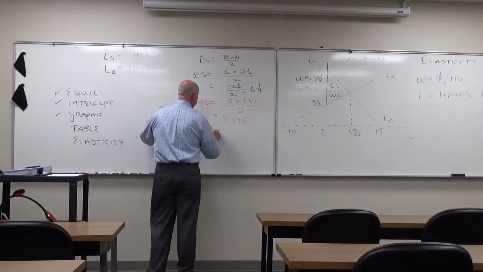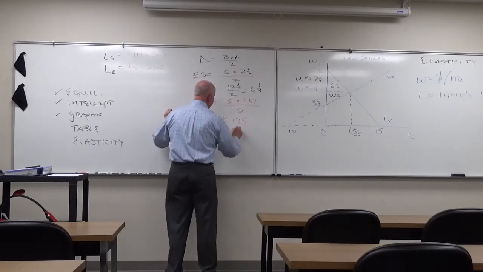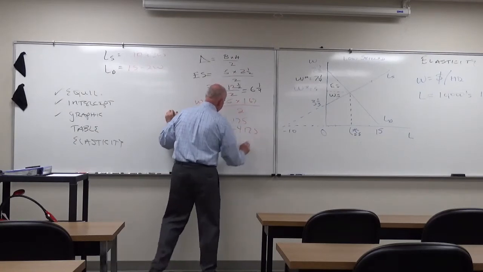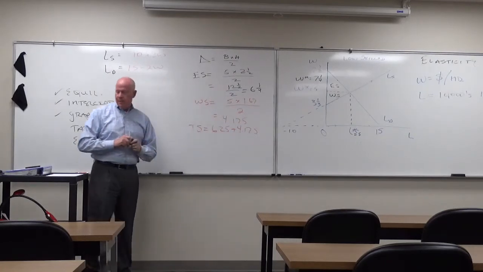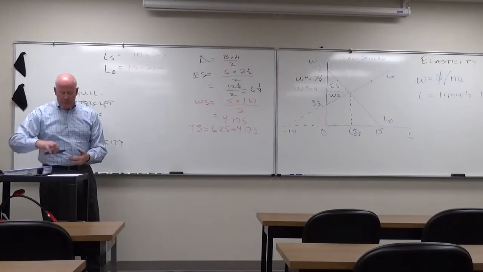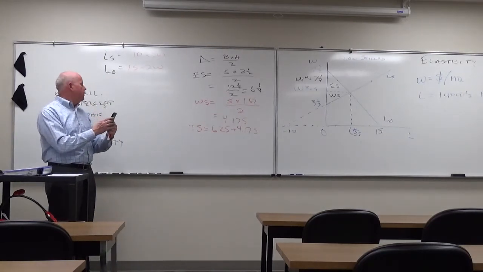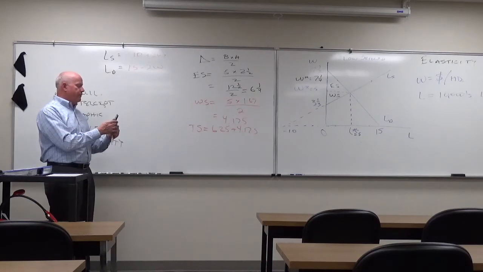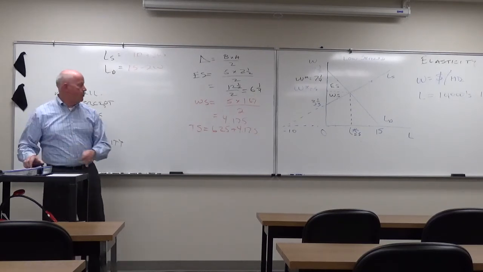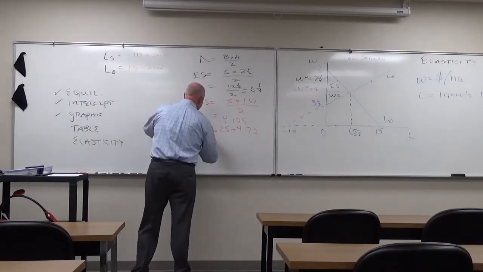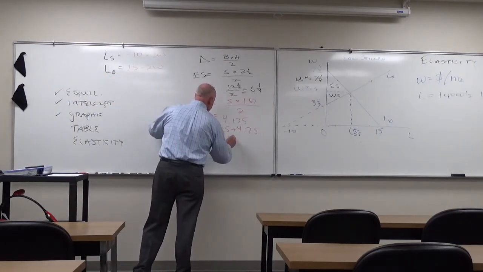So 6.25 plus 4.175, which I think is going to be 10.425, is that right? Let's check: 4.175 plus 6.25 is 10.425, I'll be darned.